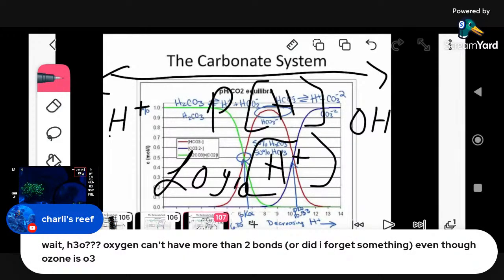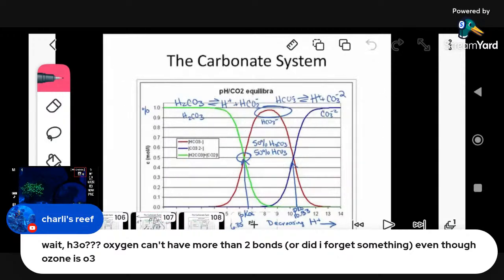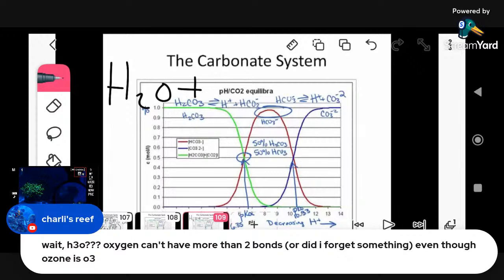Charlie Reeves asks: H3O, oxygen can't have more than 2 bonds, or did I forget something, even though ozone is O3? That's a great question, bro. All right, H3O. So you get water, H2O. Let's just do a quick little chemistry.